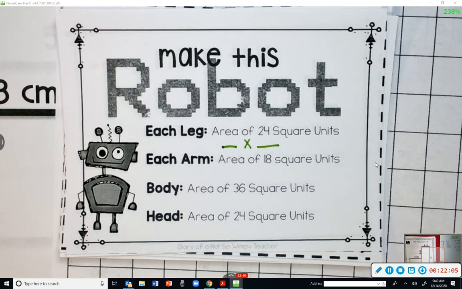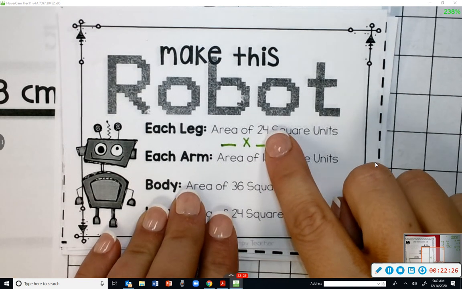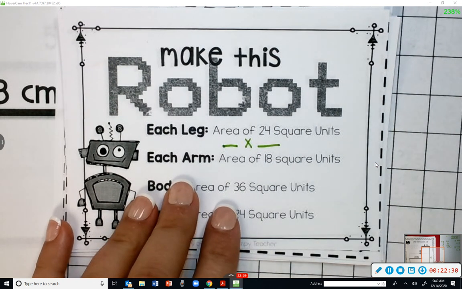I could do 3 times 8. And I could do 6 times 4. It's up to you to decide how you want your body parts to look. So first you need to figure out what numbers are going to multiply to give you that area. You can use your multiplication chart to help you.